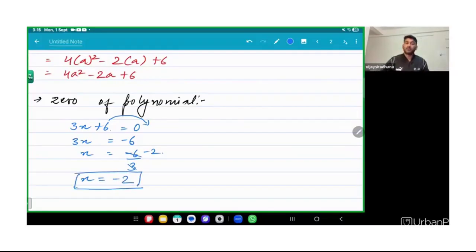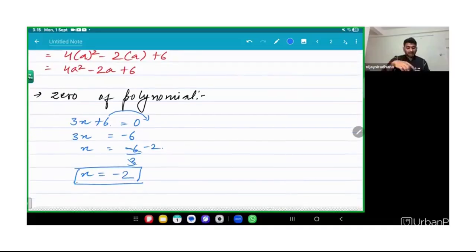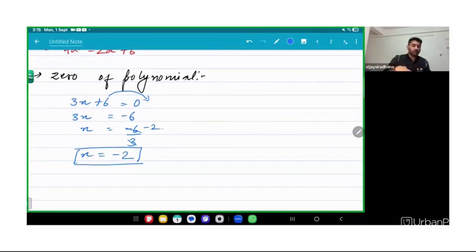Now what does this mean? This means that if in this polynomial, which is 3x plus 6, you put the value of x as minus 2, you will get 0. Let's verify this. So if we put x as minus 2: 3 into minus 2 plus 6 is equal to 0.